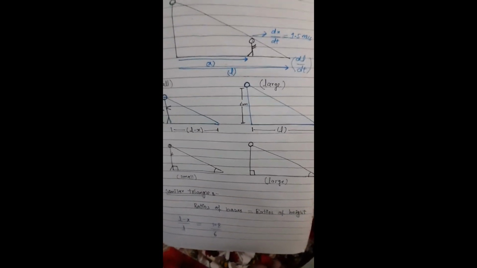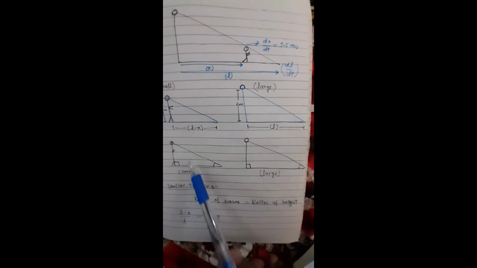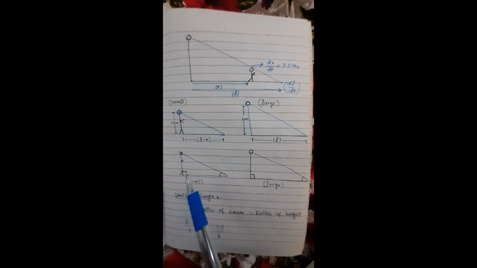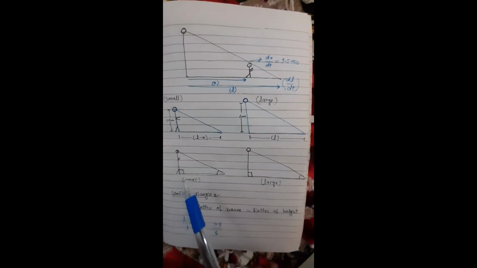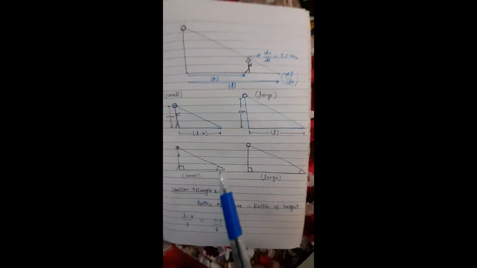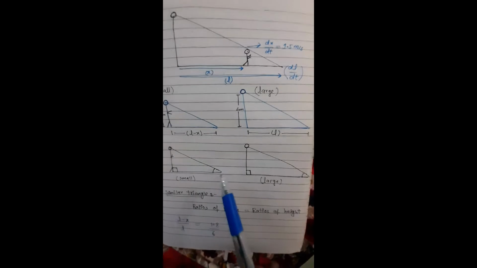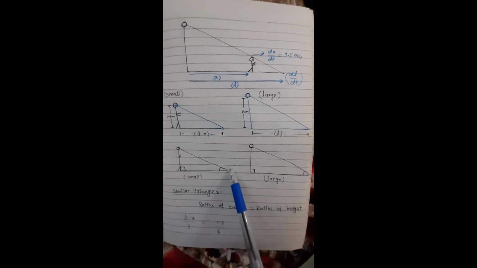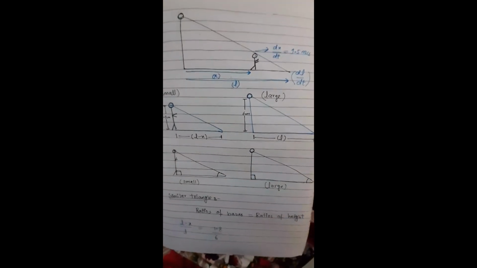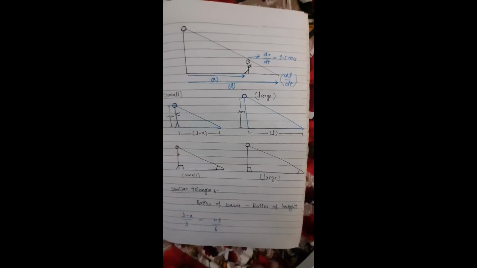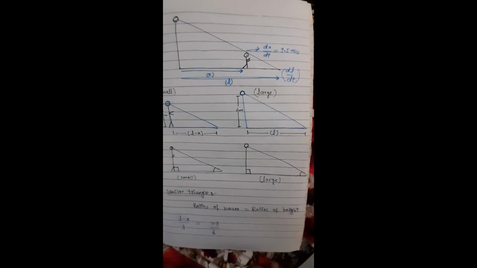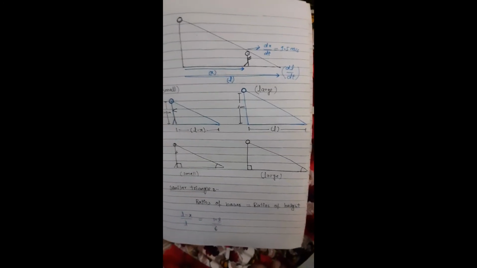Both the small and large triangles are right triangles, the upper angles of the two triangles are equal, and the base angle is identical in both. Since all three angles are equal, the triangles are similar, so we can develop a relation among their lengths.